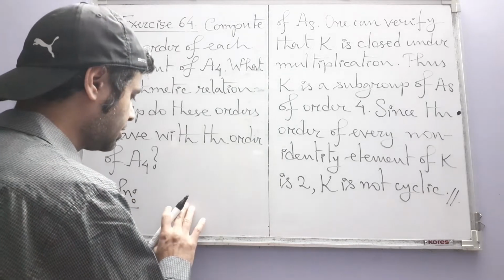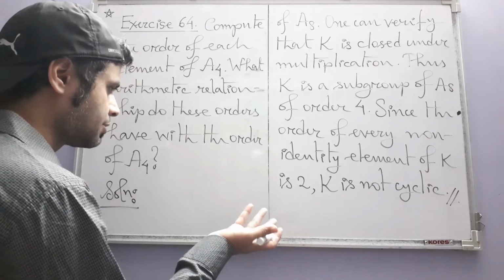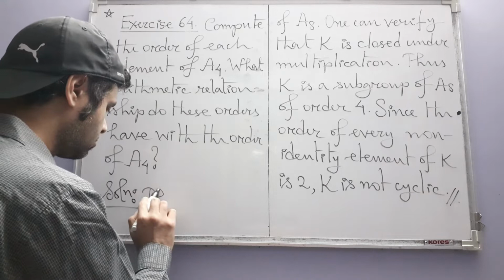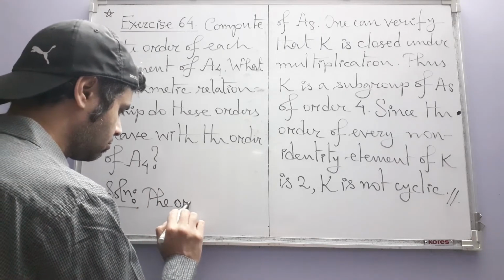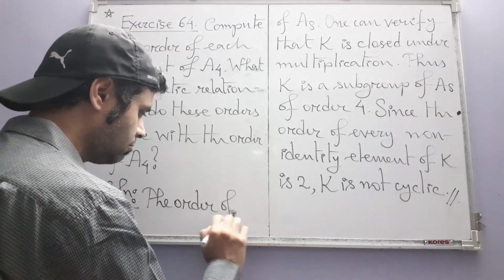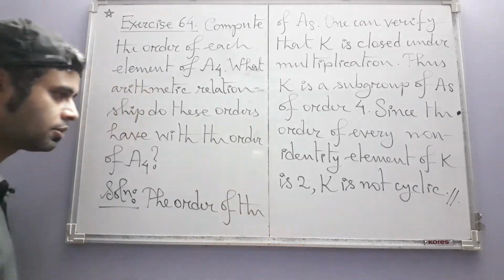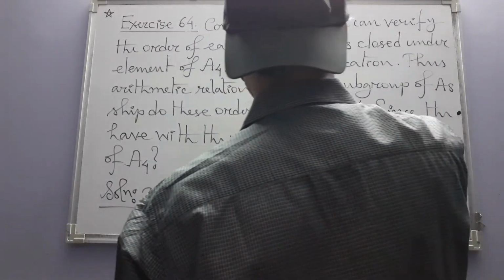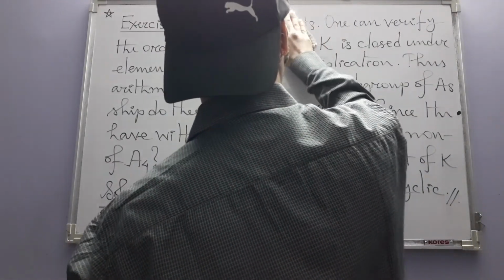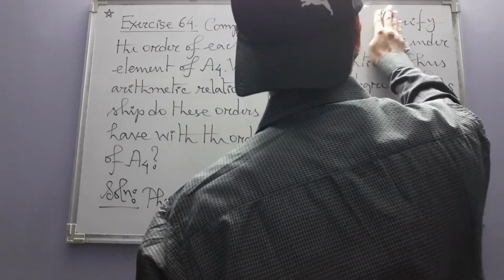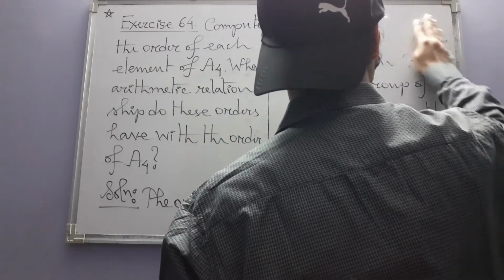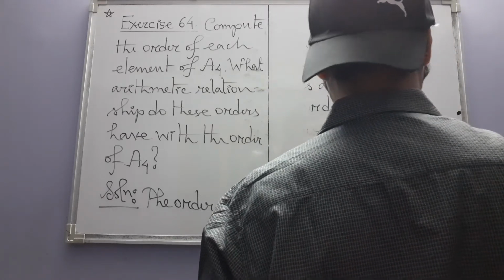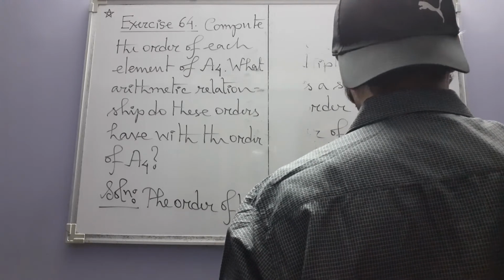In the beginning itself, we can settle the case for the identity element since its order is 1. In every group, the order of the identity, whatever identity the group has, is 1, and it's the only element of order 1.